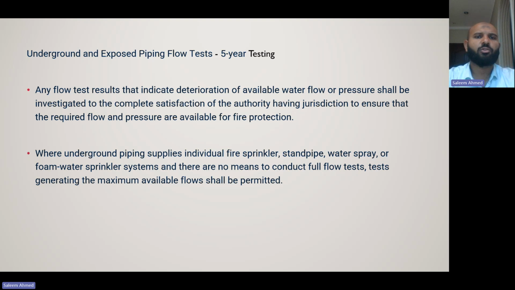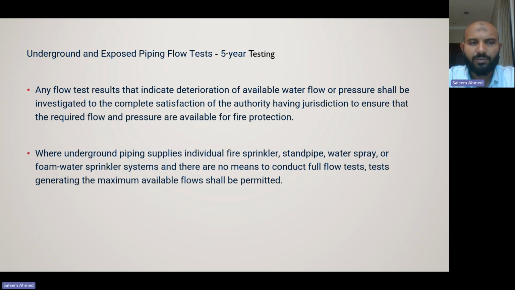So underground and exposed piping flow test has to be conducted every 5 years, once in 60 months. So basically, from here, we have to test with the maximum water demand. Water to be delivered through a combination of fire hydrants, monitors and sprinkler system to the specified maximum water demand.